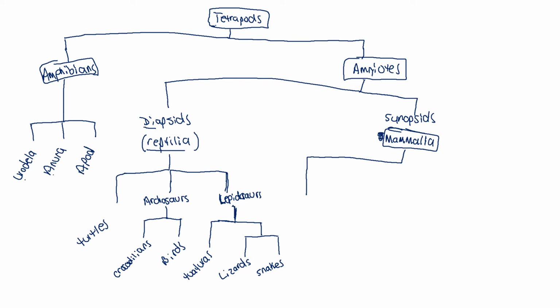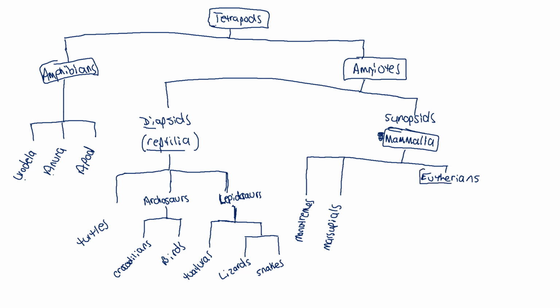I'm going to focus on only certain ones. The Eutherians are not the basal groups. The basal groups of mammals include the monotremes, the marsupials, and of course the Eutherians.